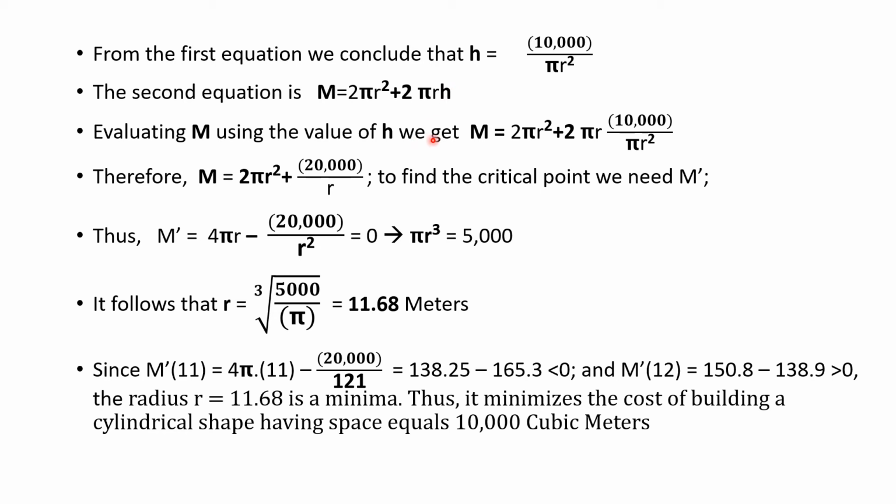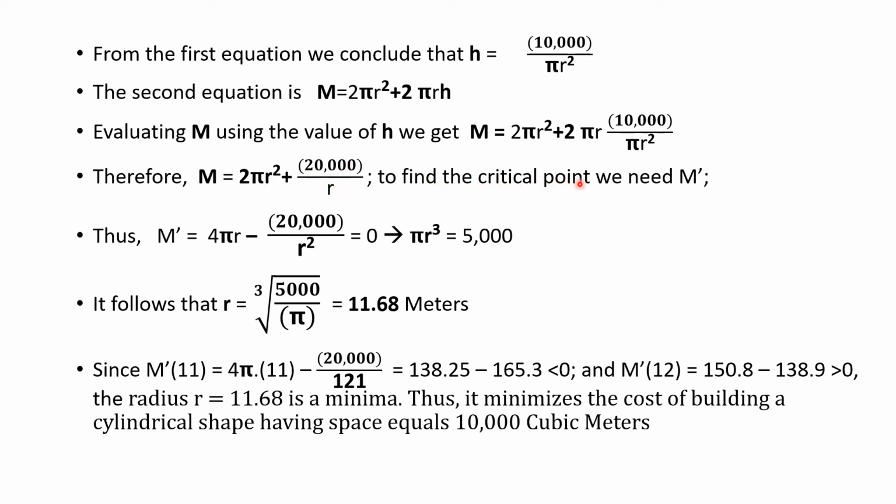So if we plug in that value, we get M equal to 2 pi r square plus 2 pi r, and instead of the h, we're going to replace it by its value, which is 10,000 divided by pi r square. Therefore, M is equal to 2 pi r square plus 20,000 divided by r.